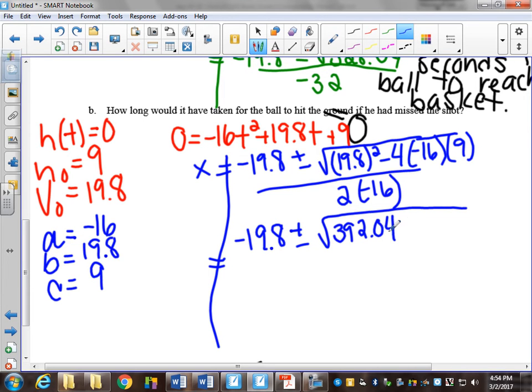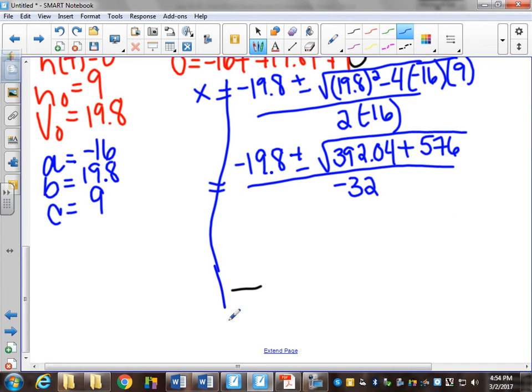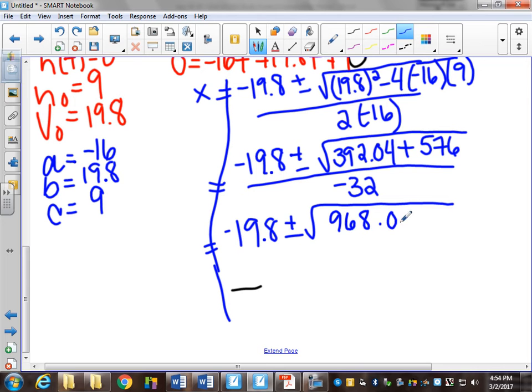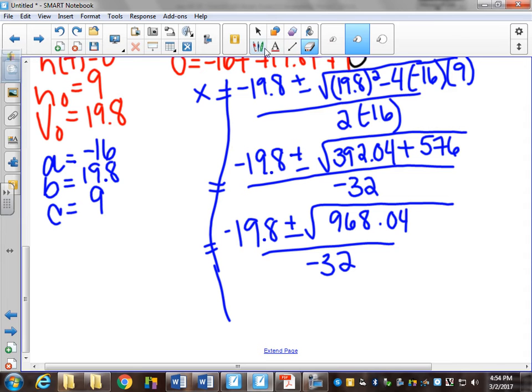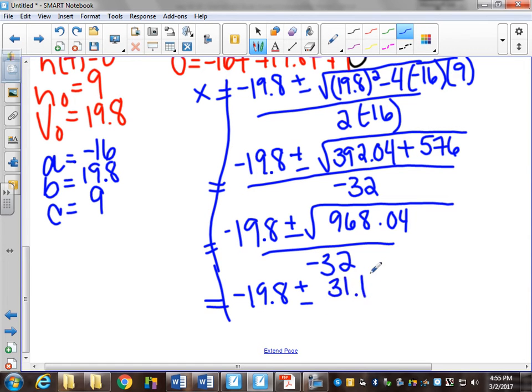We have a negative times a negative times a positive, so our next number is going to be added to this number. 4 times 16 times 9, 576. 2 times negative 16 is negative 32. 392.04 plus 576, 968.04. The square root of 968.04, 31.11.